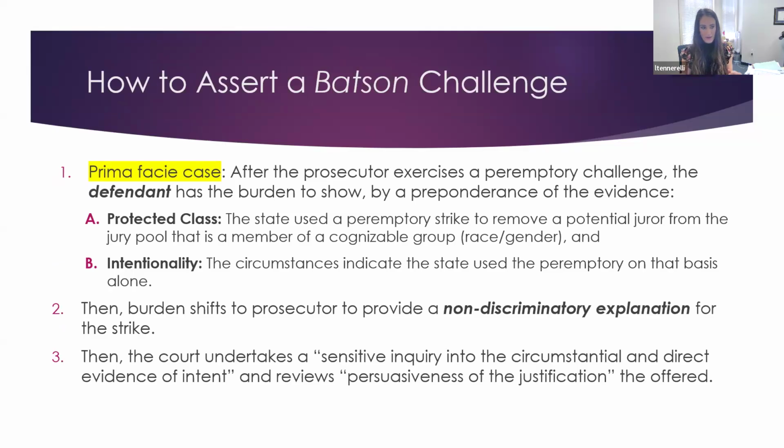So they are either, you know, a member of a minoritized race or gender group or religious group, sexual orientation, etc., right? Depending on how many groups end up getting recognized as protected in this context. And two, circumstances indicate that that is why the person was struck. So this can usually be like a pattern if they use all of their peremptory strikes against members of this group or a significant portion.